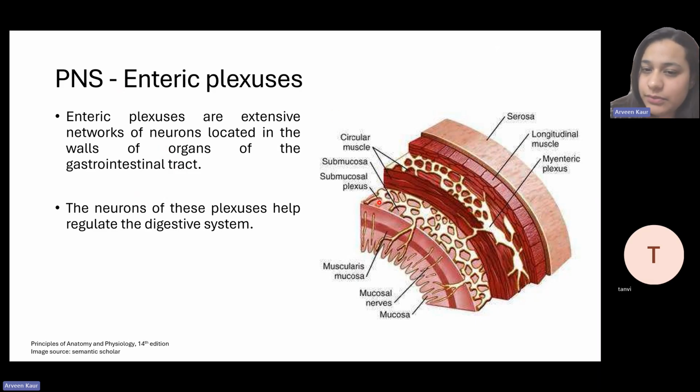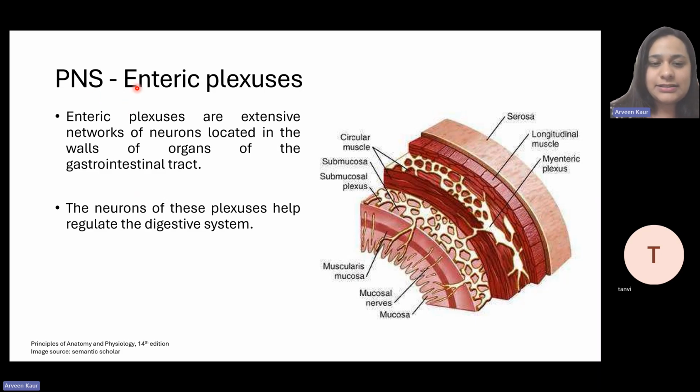Over here, the submucosal plexus and the myenteric plexus, all these are a part of the enteric plexuses, which again are the neurons that are spanning the gastrointestinal tract, right? And they are also a part of the peripheral nervous system naturally because they are not a part of the CNS, and everything out of the CNS which is neuron related is actually peripheral nervous system, right?